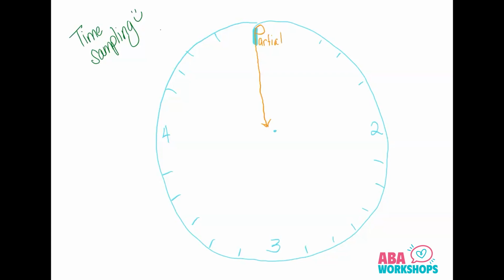And we have this downward arrow because partial interval measurement procedures decrease behavior. And side note, whenever you see me write BX, that means behavior.